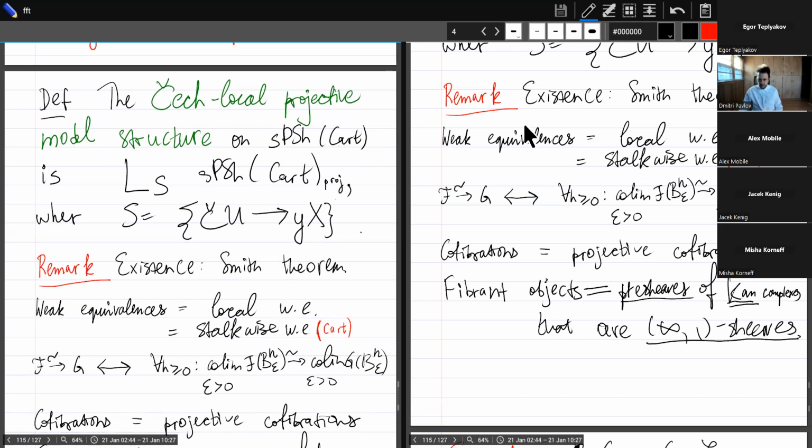Anybody has notes from the last time, just in case? Did we define, here's a question, did we define the Čech local model structure last time? I'm pretty sure we did, right?